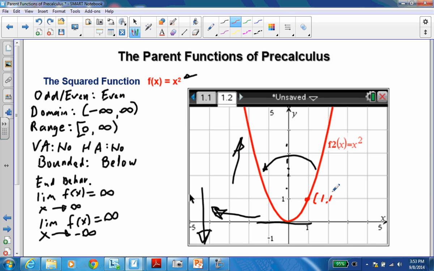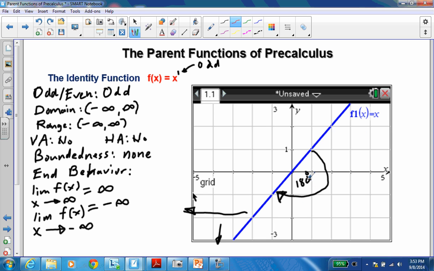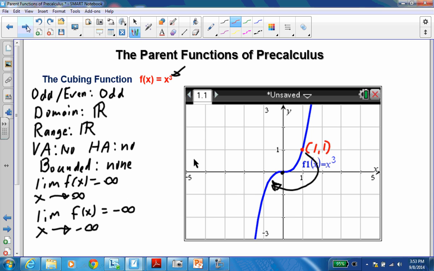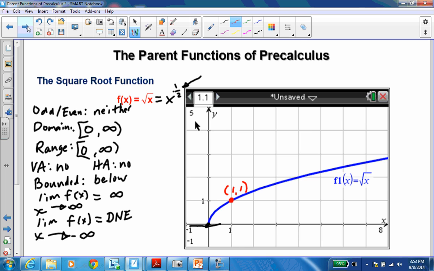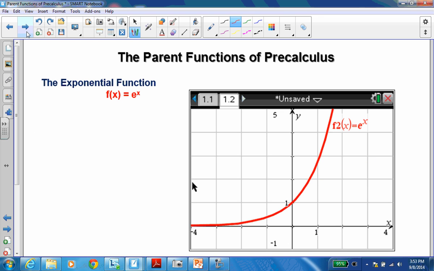Here's 1, 1. And your linear parent function here, 1, 1. If you take a transformation of the function, it could be different than that. But the parent function will be 1, 1.